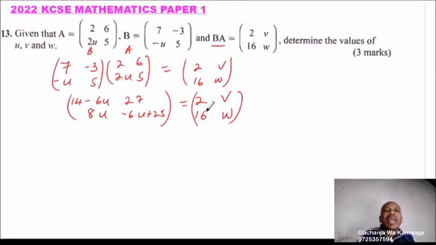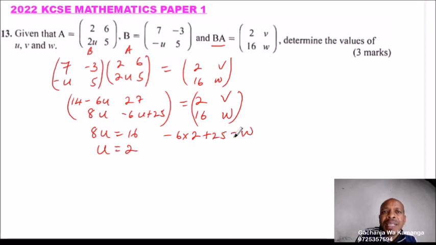Now, because corresponding elements of equal matrices are equal, it means 8u is the same as 16, so dividing 16 by 8, u is equal to 2. So we have already identified u. We can get w and say minus 6 multiplied by 2, which is u, plus 25 is equal to w.